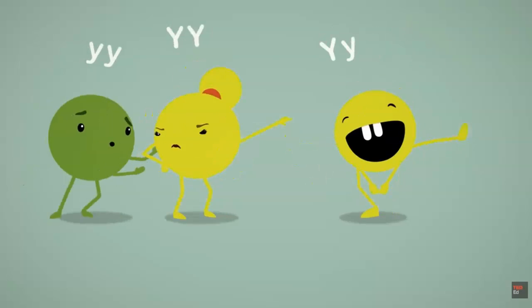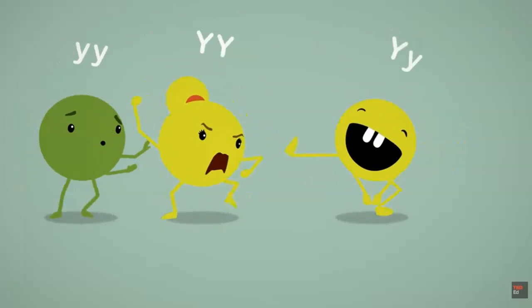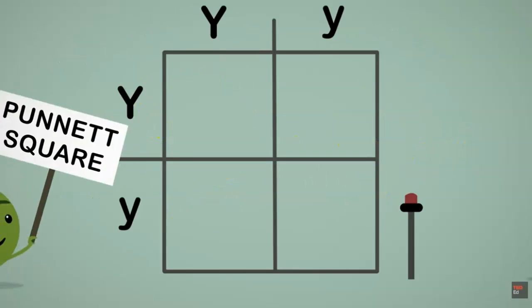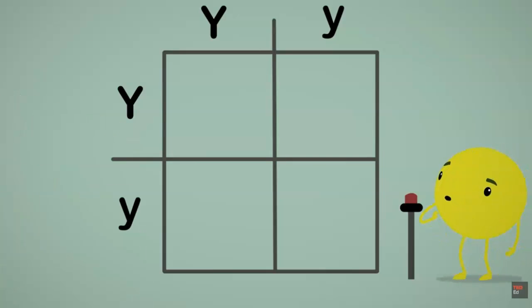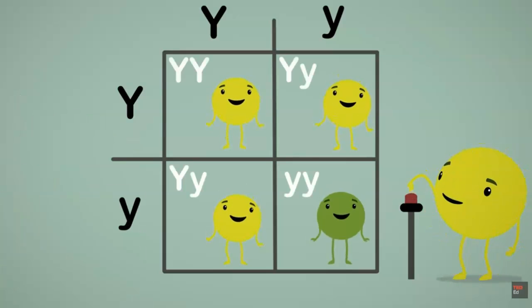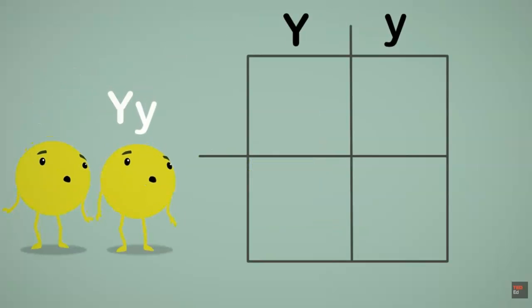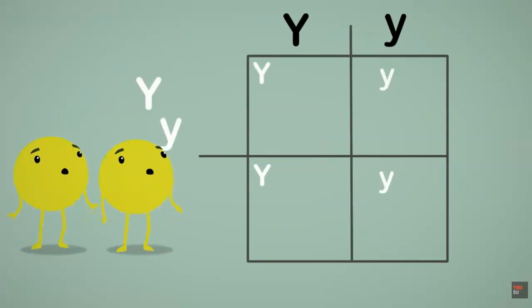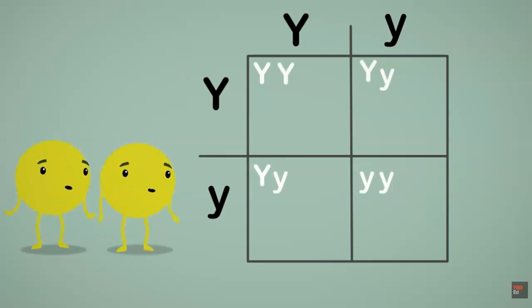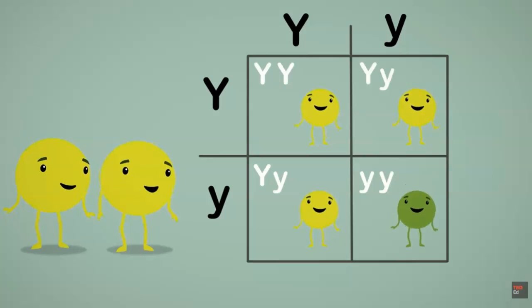To clearly visualize how alleles are distributed amongst descendants, we can use a diagram called the Punnett square. You just place the different alleles on both axes, and then you figure out the possible combinations. Let's look at Mendel's peas, for example. Let's write the dominant yellow allele as an uppercase Y, and the recessive green allele as lowercase y. The uppercase Y always overpowers the lowercase y, so the only time you get green babies is if you have two lowercase y's.